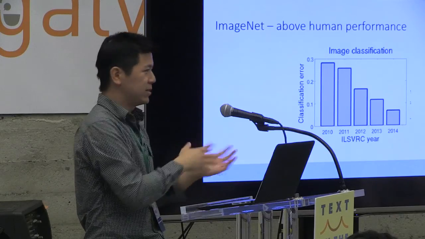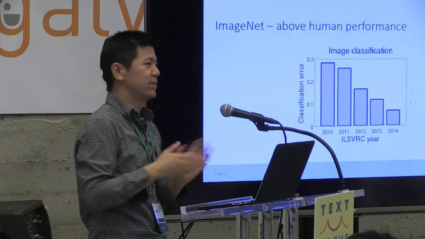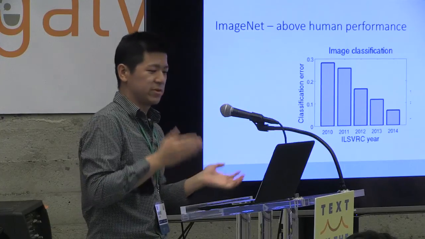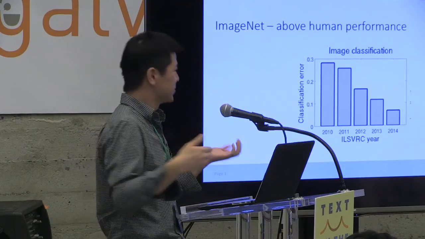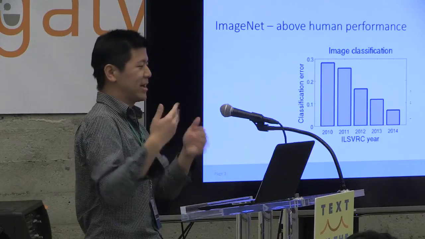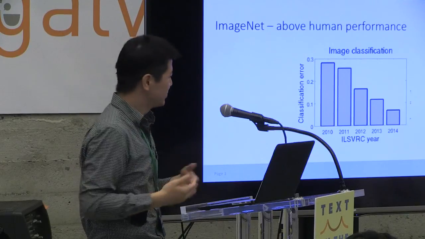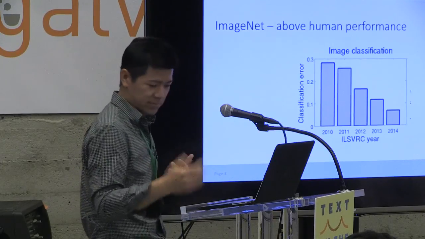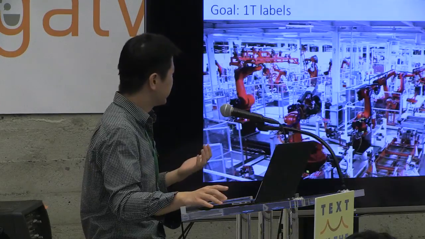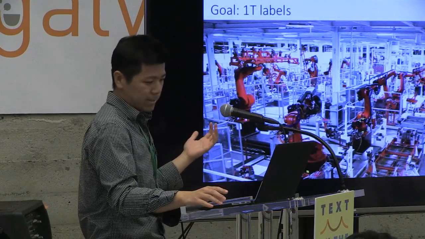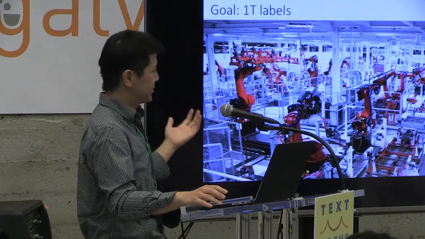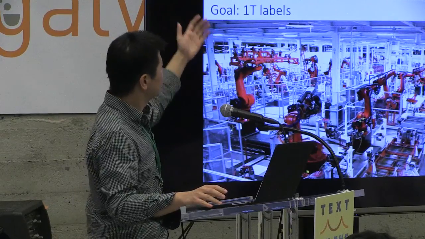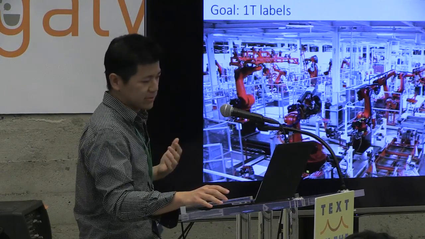Those things didn't exist before. People had built label sets for images in the past, but they didn't have Google Image Search and Mechanical Turk. So there's some enabling technology that needs to be in place. Human labeling itself will never scale to this number of labels.